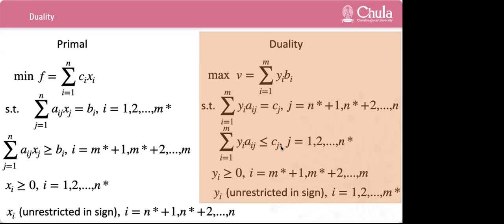So the number of variables in the primal problem is identical to the number of constraints in the dual, and the number of constraints in the primal is identical to the number of decision variables in the dual.